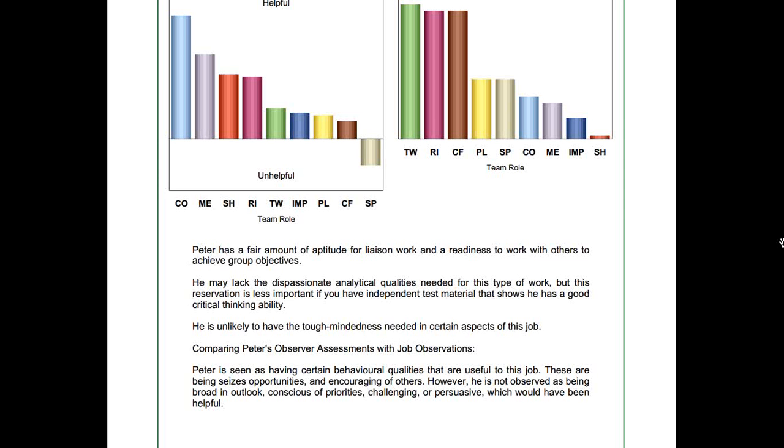Looking at where coordinator comes in Peter's profile, it's in 6th position, whereas the job is requiring it in 1st. That would be beneficial. So I think at the end of the day, Peter is not really your man for the job. He's a good man, but not the man for this particular, and not everyone can play everyone's role, which hopefully everyone listening out there understands.